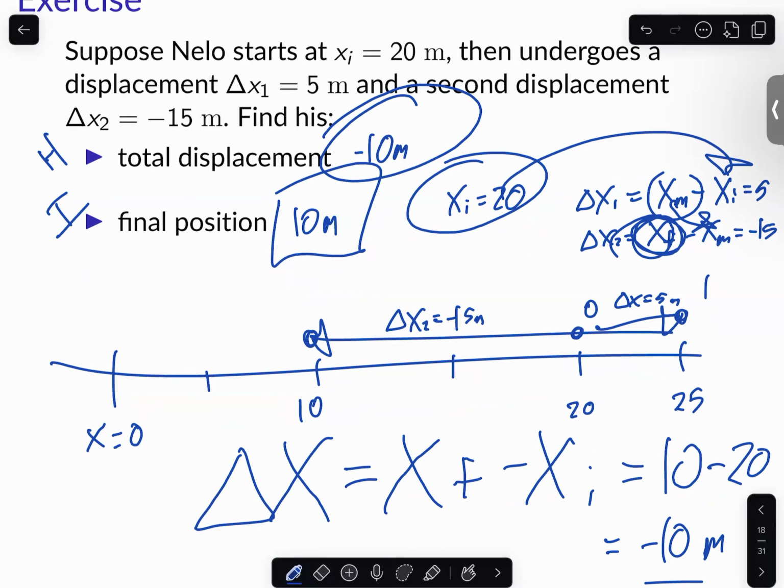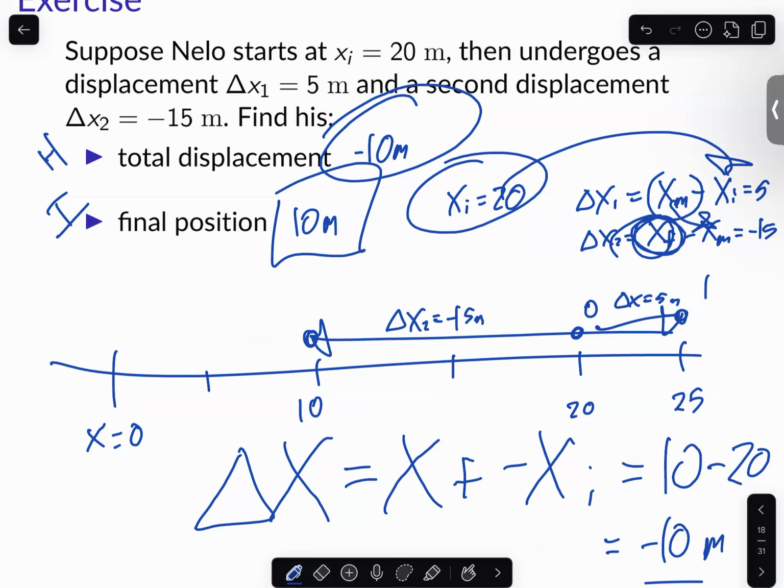Question? The question statement numbers are 25 and negative 15. What I did was I started at 20 meters and went in the positive direction 5 meters and then in the negative direction 15.